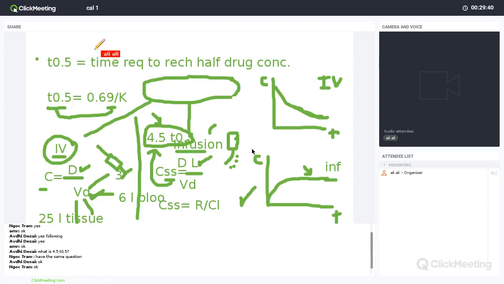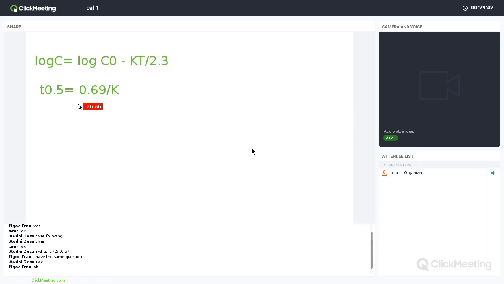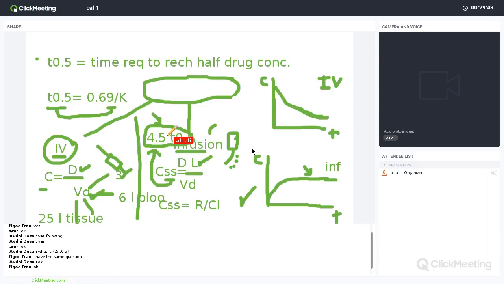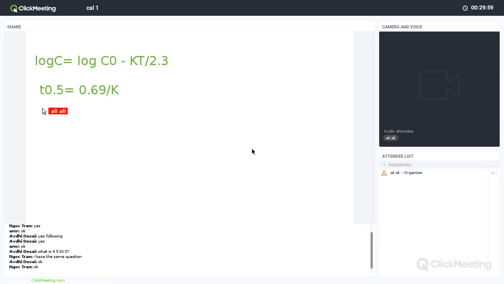So now we will collect all the important equations we will use here. We will take this one also: time to reach steady state concentration.